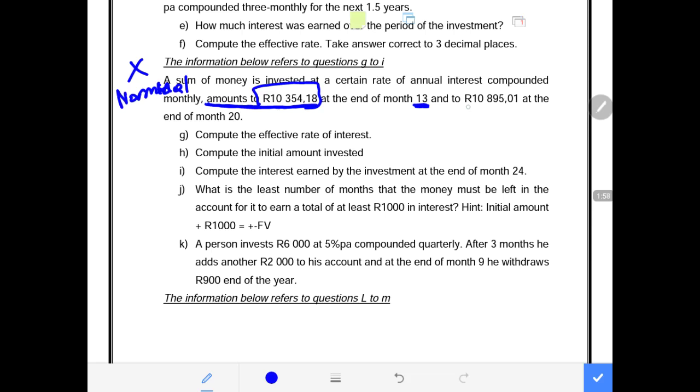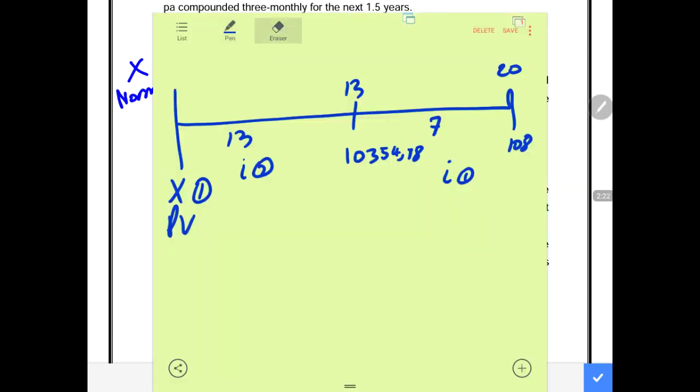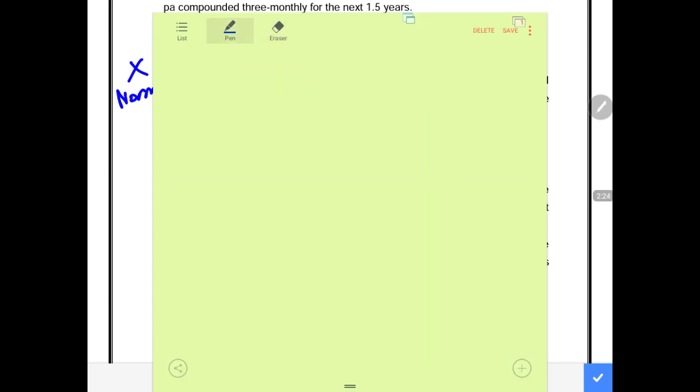Then we are told that it is 10,895 rand 1 cent at the end of month 20. So after 13 months it was 10,354.18, and after 20 months it was 10,895.01.